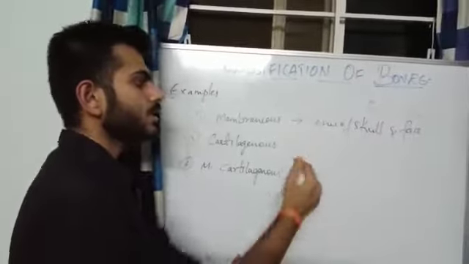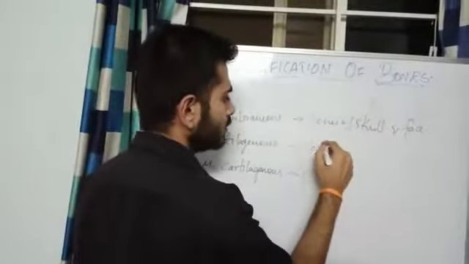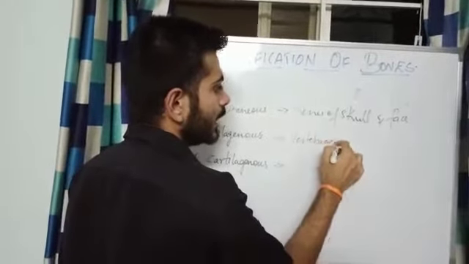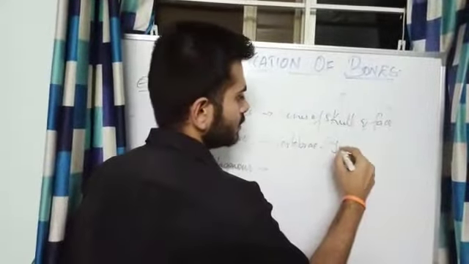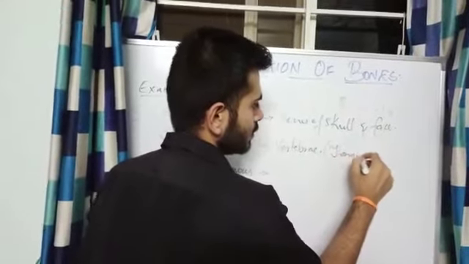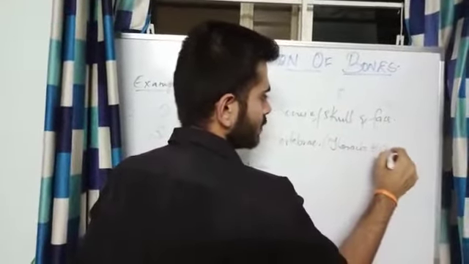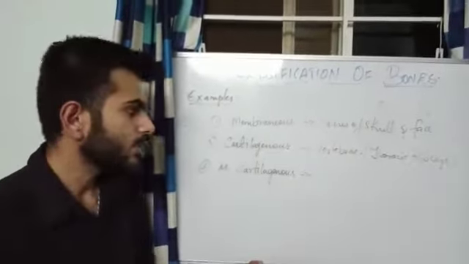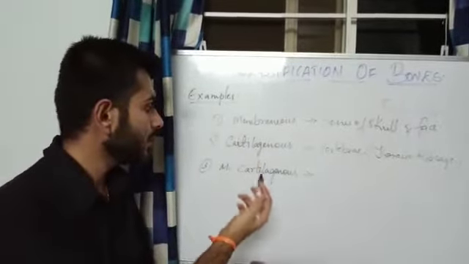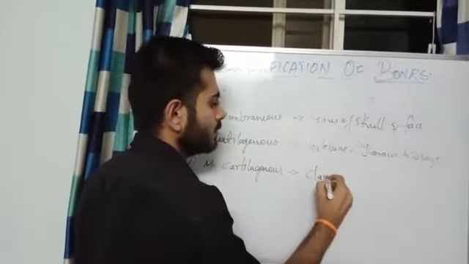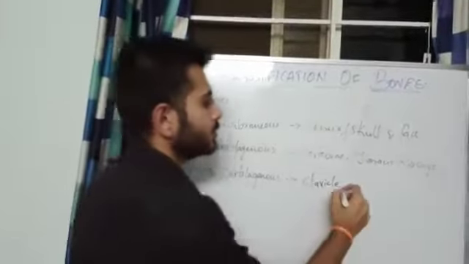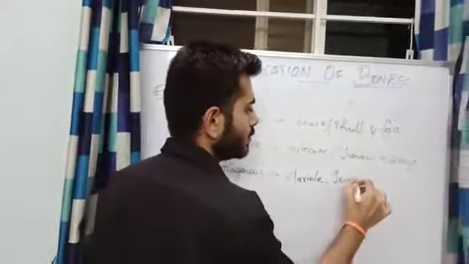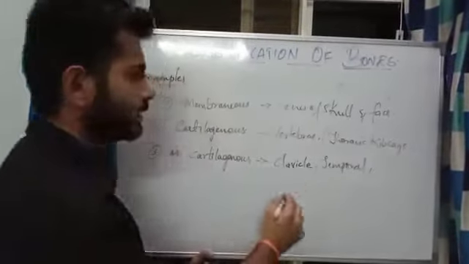Here we have the example of vertebrae, and the best example you can take is the thoracic cage. The third one is membrocartilaginous, where we have the clavicle as a bone, and also the temporal bone, and the last is mandible.